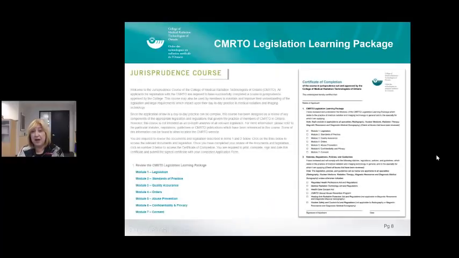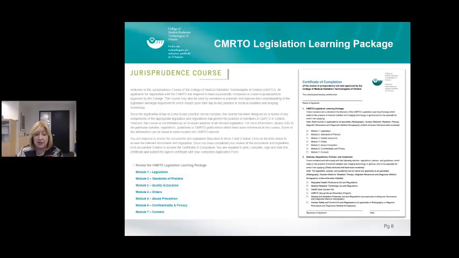We also have our legislation learning package, which is available online and is free. And so our jurisprudence program provides our members and our applicants with all the information that they need to maintain and improve their understanding of the legislation and all the legal requirements they must meet in their day-to-day practice in medical radiation and imaging technology.